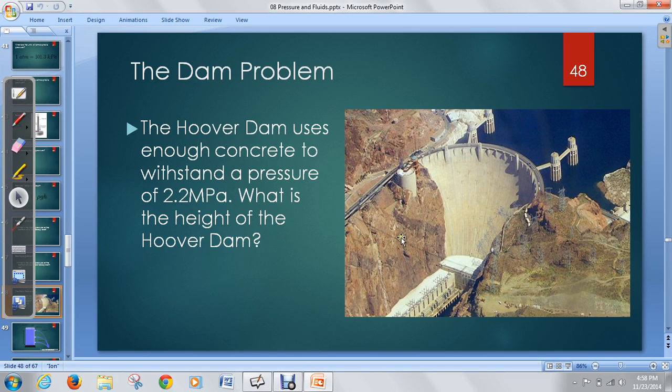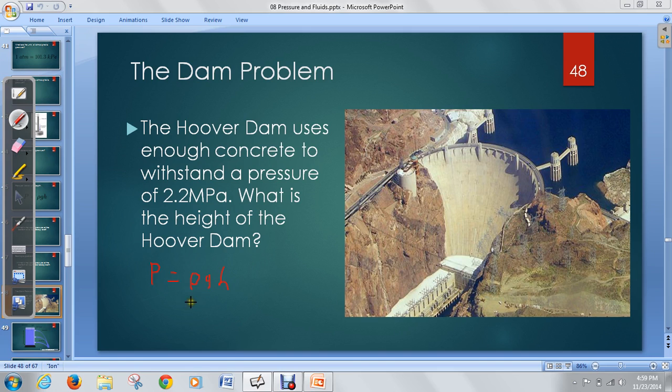So if we know that it can withstand that much pressure, we know P equals rho g h, where h is the depth. If it can withstand that much pressure, that means it can withstand that much pressure at the bottom of that dam. And so we can rearrange this to solve for the height of the Hoover Dam.